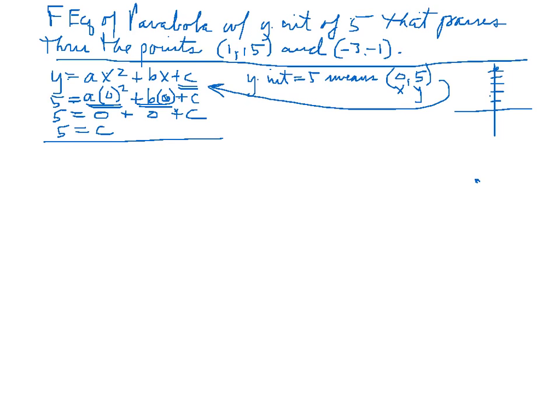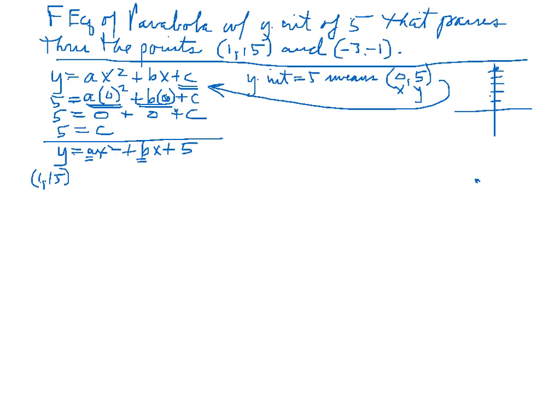So now the equation has to be y equals ax squared plus bx plus 5. Now we still have two numbers to find, a and b. Well, we're told that the parabola goes through (1, 15).